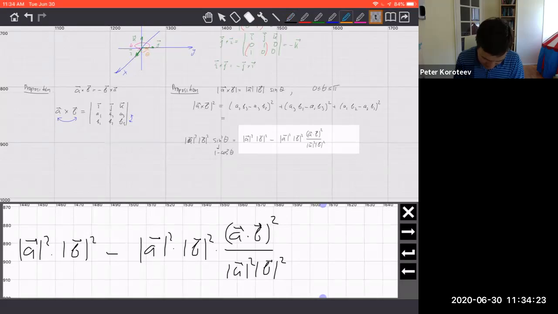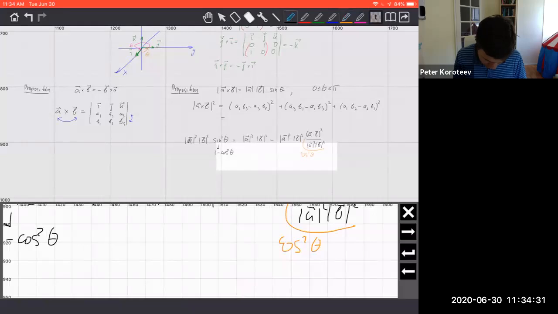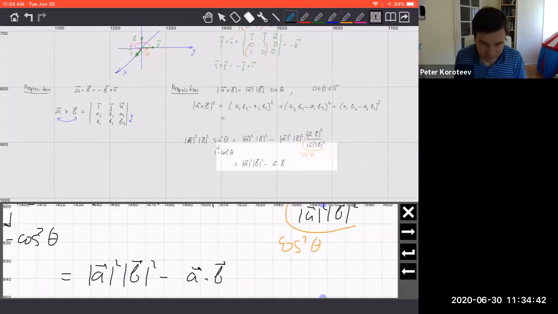So we can continue with a squared b squared minus (a dot b) squared.